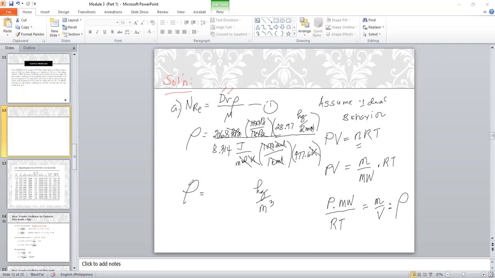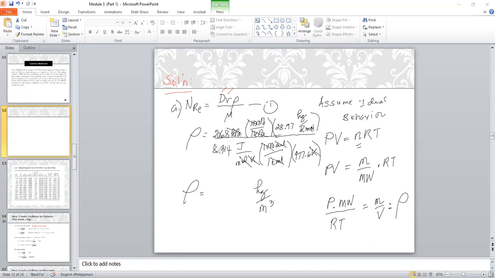Anyway, if all the units are agreeing, then you won't have any problem coming up with the appropriate unit for density in SI. So you have 206.8, you multiply that by 28.97, we divide by 8.314, and we divide again by 477.6.